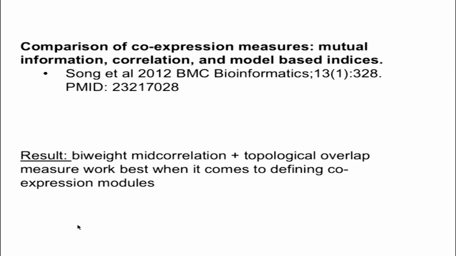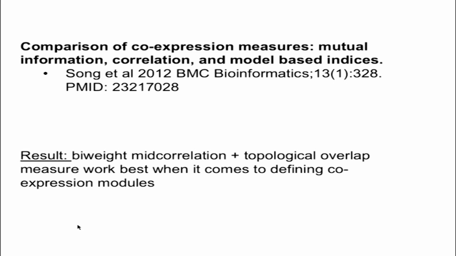And so I want to recommend to you, if you are interested in that topic, to look at this recent article where she looked at 8 different data sets. It was a very long and comprehensive comparison. But what we found was that this biweight midcorrelation that I mentioned to you, coupled with another measure called topological overlap, worked best at defining co-expression modules.